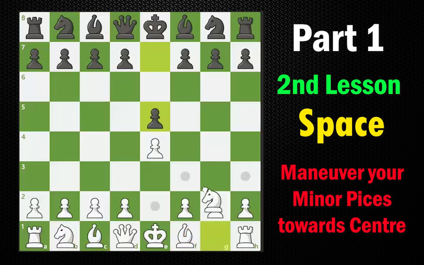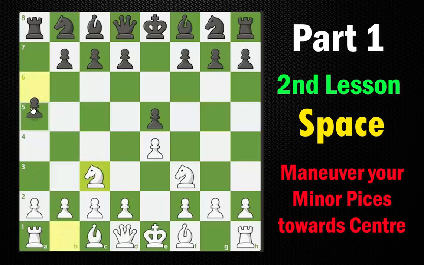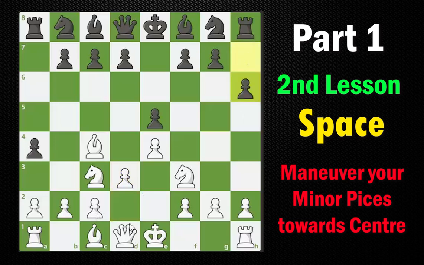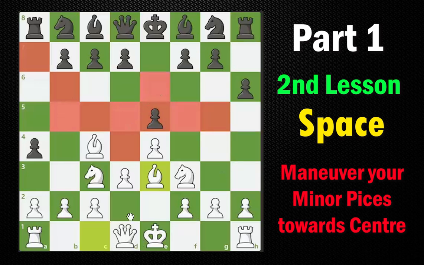For example, then white can get his knight out, the other knight out, then the bishop out, and then the other bishop out as well. And white will have a strong center controlling all of these squares. Yeah, so white will have a pretty strong center.